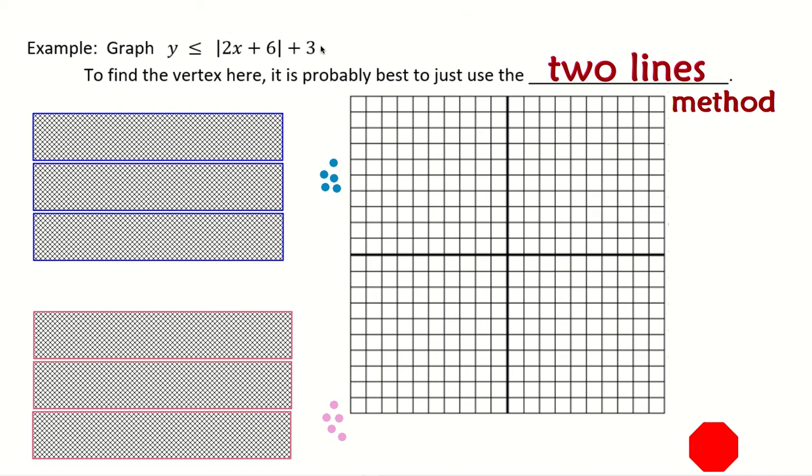Ultimately, the graph of an absolute value equation or inequality is a v. So we're going to have 2 lines that just cross, and they're going to make an x at first. 2 lines that cross make an x, and we're just going to go with either like the top half of that x, which is a v, or the bottom half of that x, which is a v.